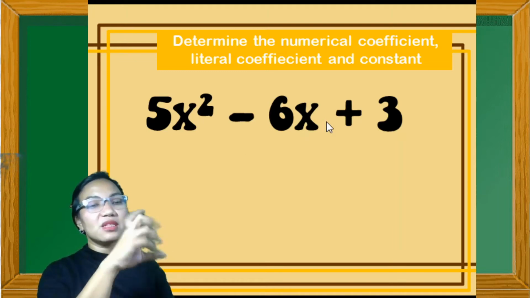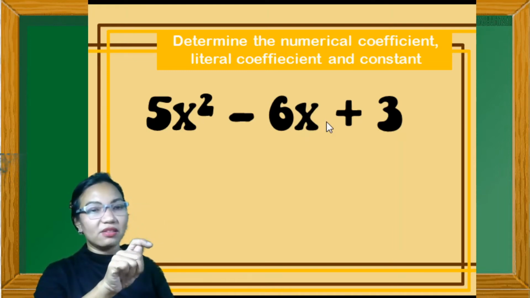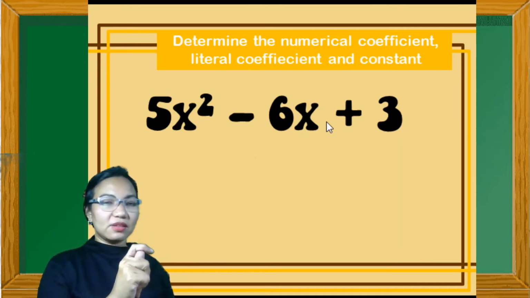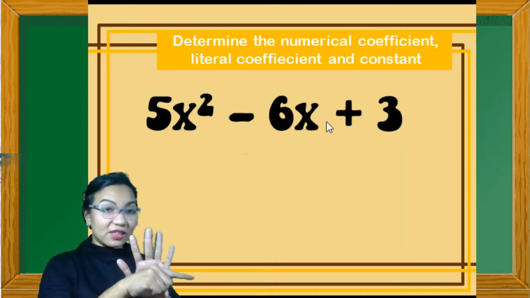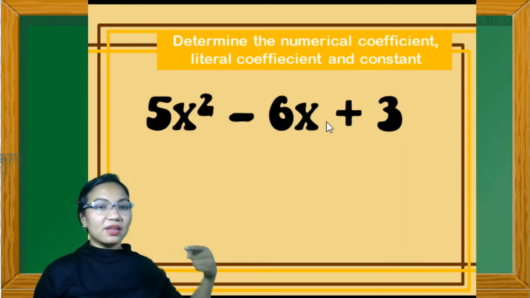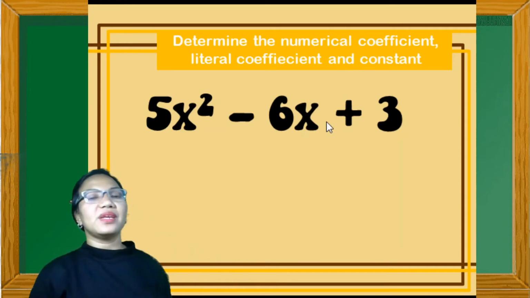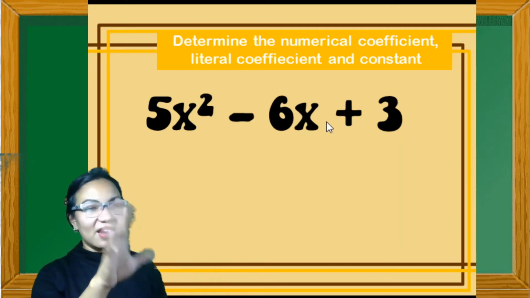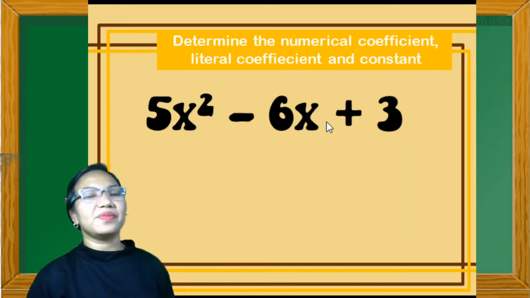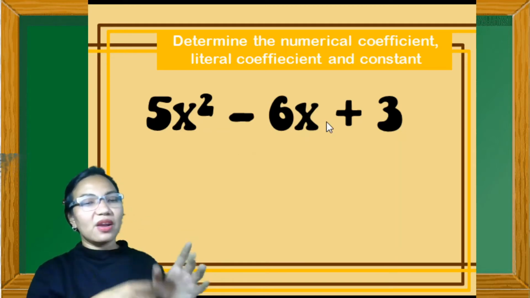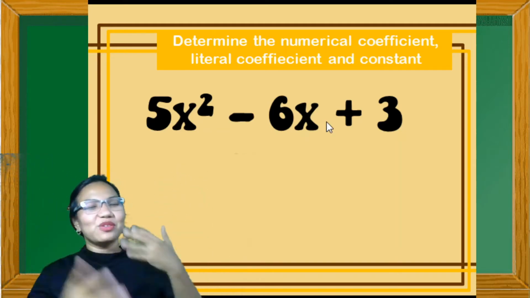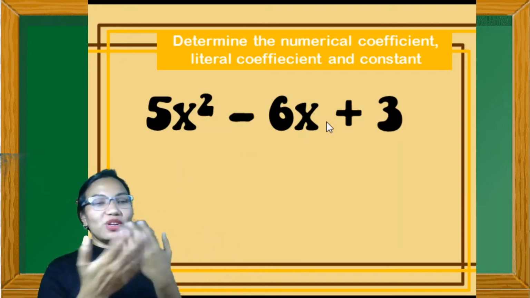Next, negative 6x for the second term. So the numerical coefficient is negative 6, and x will be the literal coefficient. The constant there is positive 3. Wow. You have already gained it more easily.